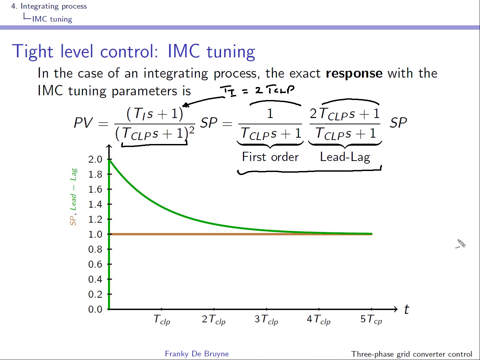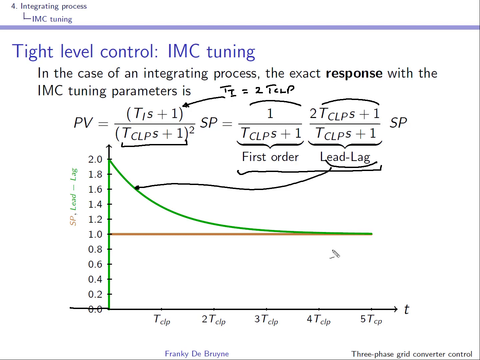The response to the lead lag part you can see here in green. You can see that this is correct because at time instant t equals 0, you have to look at what's happening when s is going to infinity. So you have to take the initial value theorem. We assume that we have at the input here a set point that is going to move as a step, so the 1 over s and the s of the initial value theorem are going to cancel.